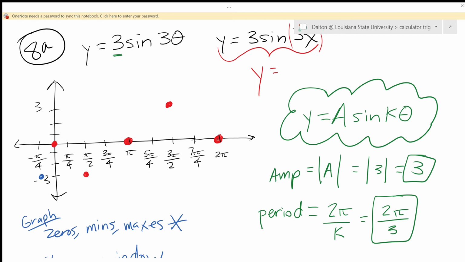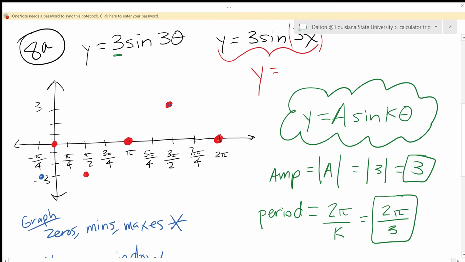Where does the max appear to occur? The first max that we see on that picture. Okay, on the picture that you're handwriting, yes, that's this one here. That is the max. But our first max on the calculator looks like it occurs just before that pi over 4 tick mark.